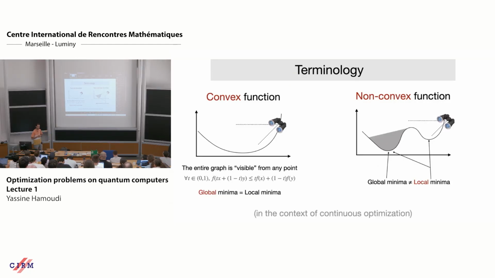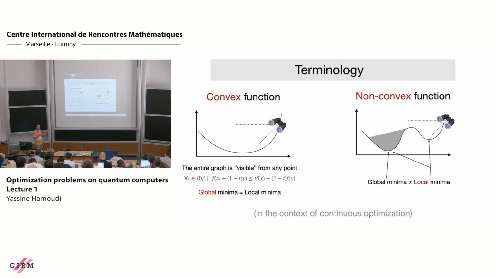Okay, last point of terminology, it is about convex versus non-convex optimization. So this is in the context of continuous optimization. So you want to optimize a continuous function. So convex optimization is something which is very nice because the function has some very good property that will allow you to optimize it very efficiently.